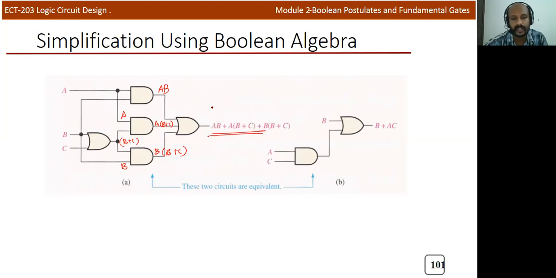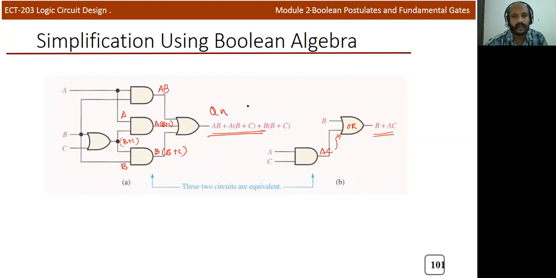This is the question actually. And after simplification, you got B plus AC. So in order to implement B plus AC, you can see that AC is the input of this particular gate and finally the output will be AC. And if you consider this OR gate, B is one input, AC is another input. So finally, you'll get B plus AC. So you can see that the 1, 2, 3, 4, 5 gates are now reduced to 2 gates.